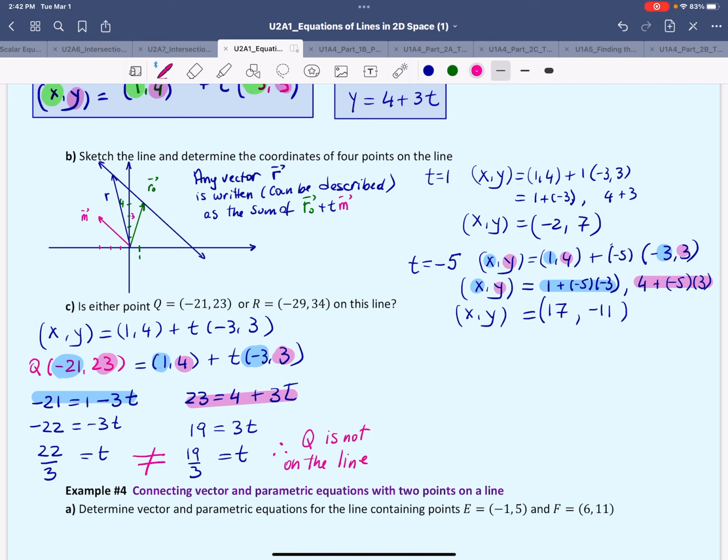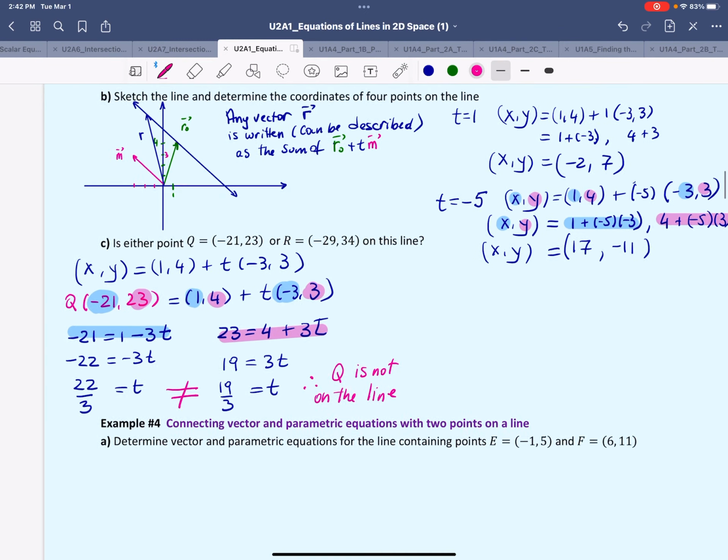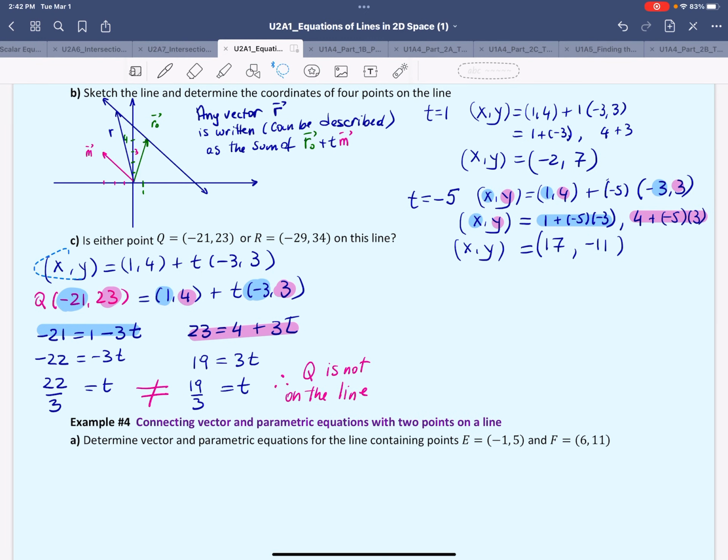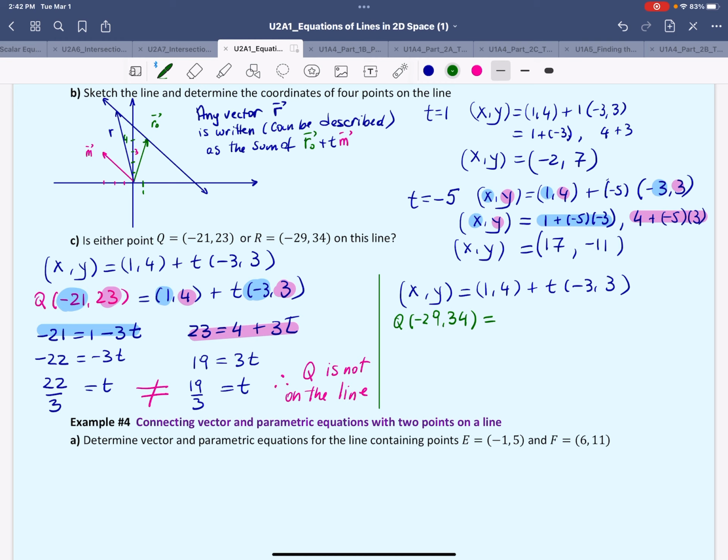Let's check and see what happens with point R. Again, we're using the exact same equation, obviously. This time we are testing it for the point R. The coordinates of R are -29 and 34. So (-29, 34) must satisfy the equation (1, 4) plus t(-3, 3).